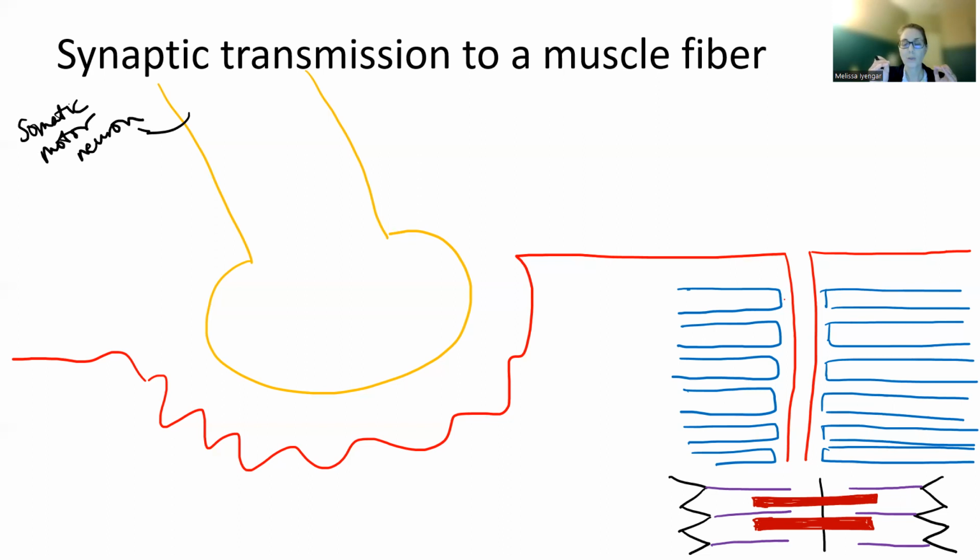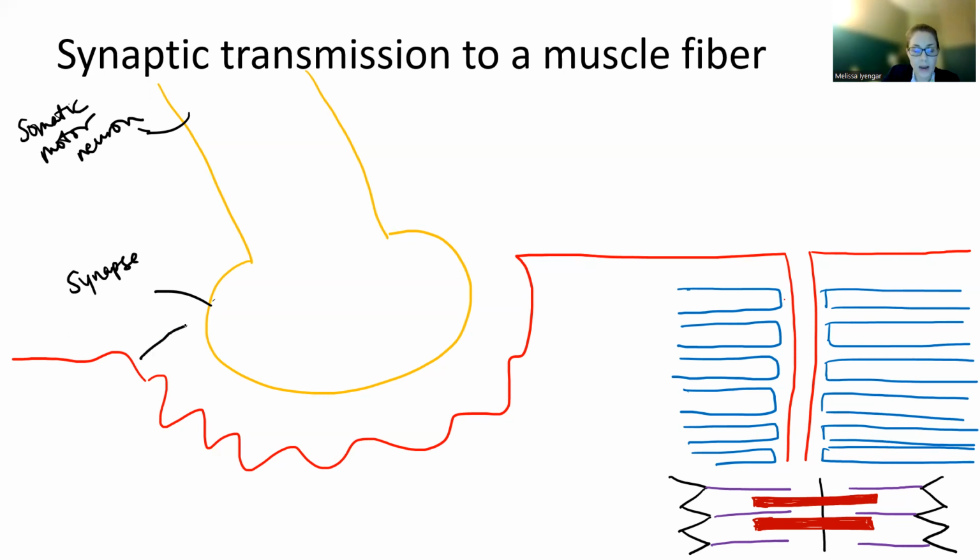If we're going to contract the skeletal muscle, that was part of our somatic motor division. So we have a neuron that sends the somatic motor message to a skeletal muscle in this case. So here we have our synapse.